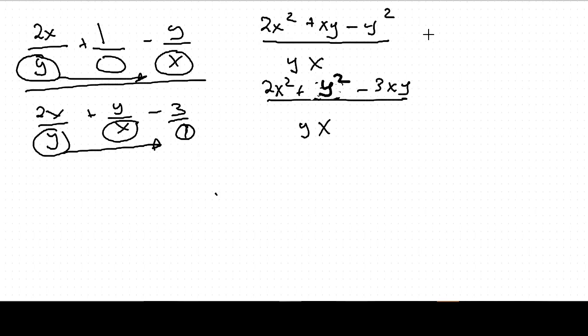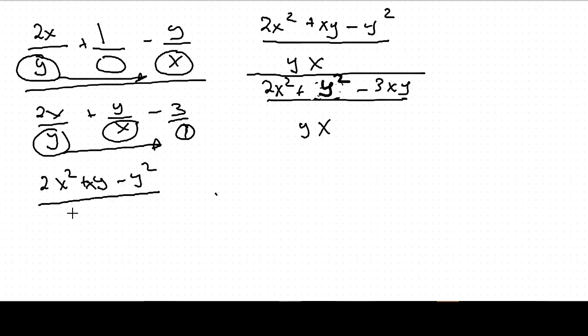All right. So let me rewrite that top. I want to write them side by side because I still have it divided by there, right? So this is 2x squared plus xy minus y squared, and then that's over yx, and then this would be times yx over 2x squared minus 3xy plus y squared.